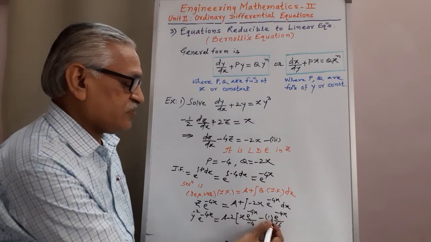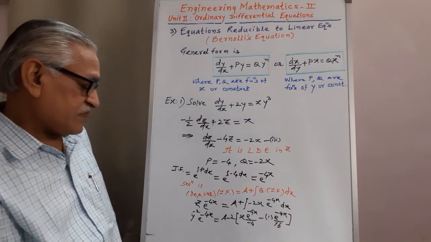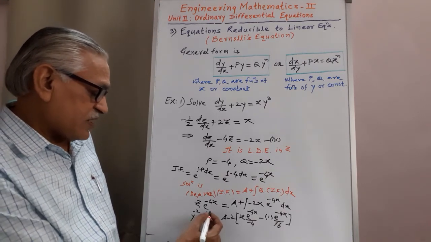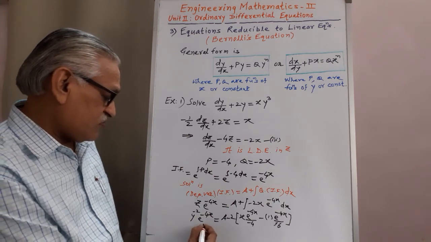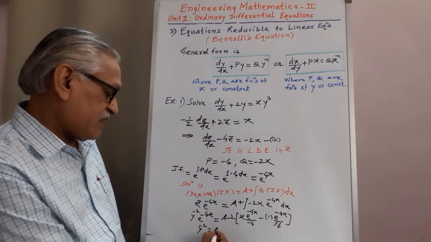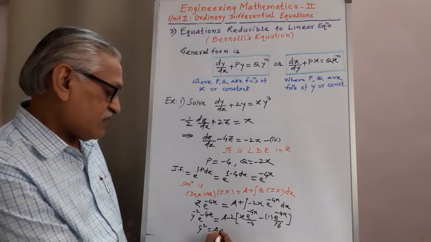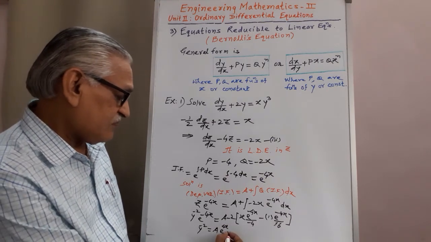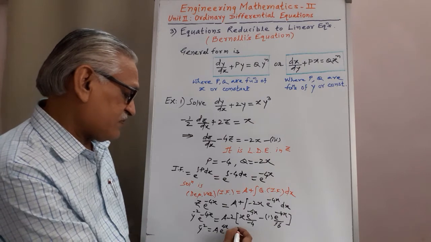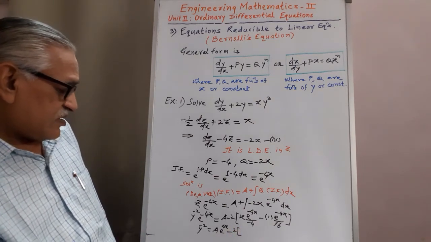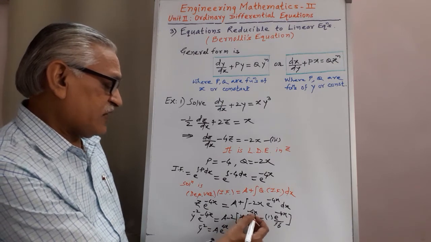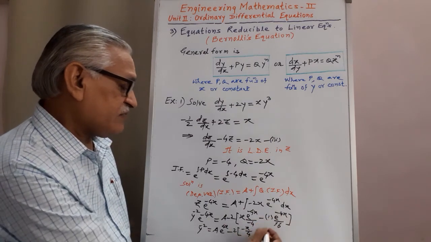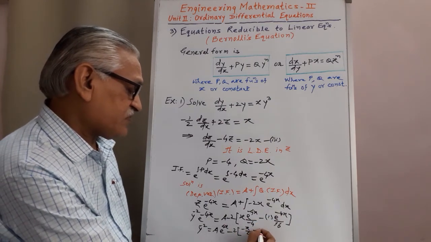Next derivative 0, we stop here. Then dividing by e raised to minus 4x we get y raised to minus 2 as a divided by e raised to minus 4x. If you transfer, it becomes e raised to 4x, minus 2 times, e raised to minus 4x gets cancelled, therefore minus x by 4 and minus 1 by 16.